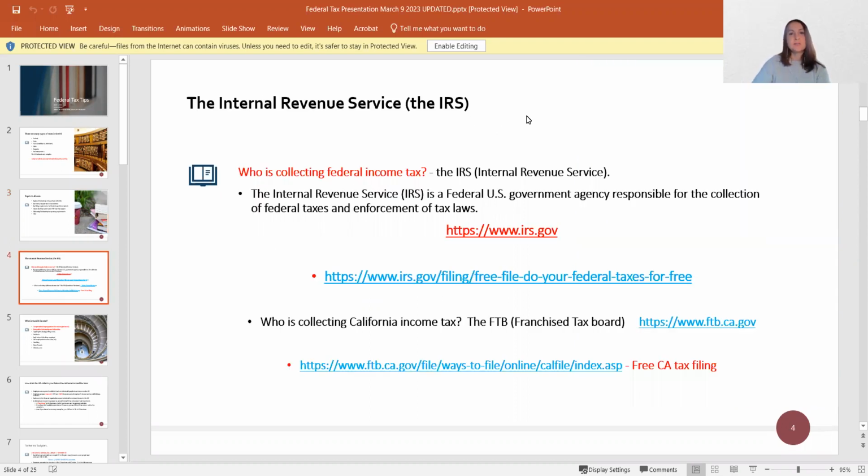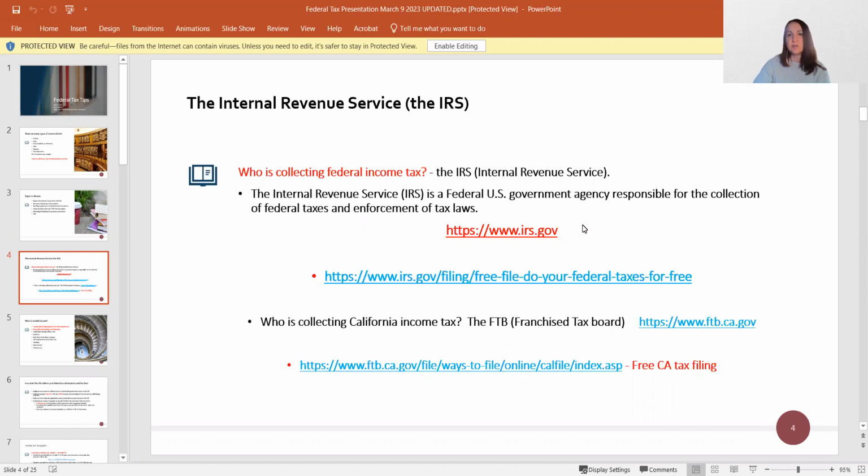So who is collecting our federal income tax? Why in the first place do we need to deal with all this tax filing? So in the US, federal tax is collected by the Internal Revenue Service. It's a governmental agency responsible for federal taxes and enforcement of tax law.